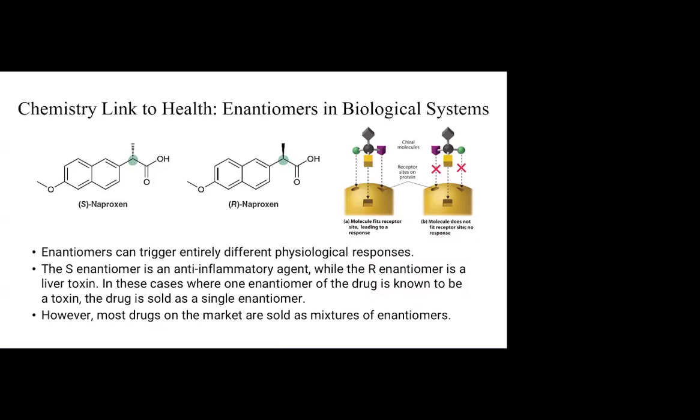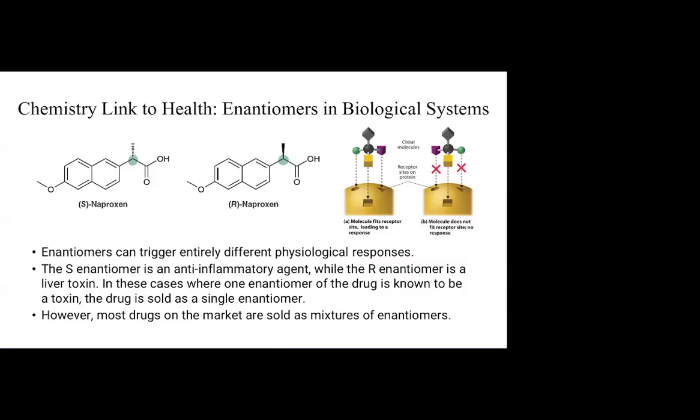So for this drug specifically, they need to separate the enantiomers, and what you ingest in Aleve, which is the commercial name for naproxen, is only the S configuration. Now, understand that that is not true for every single medicine or drug out there.